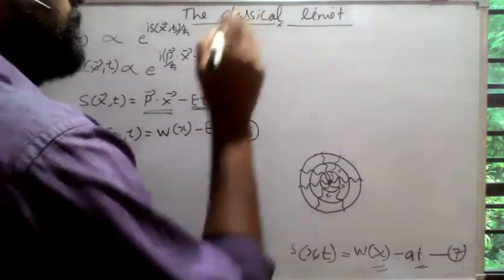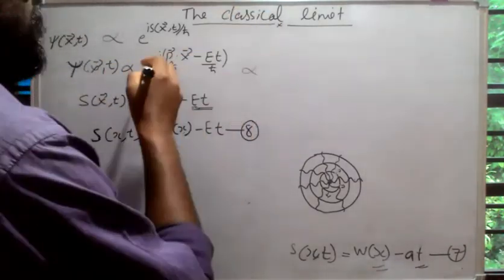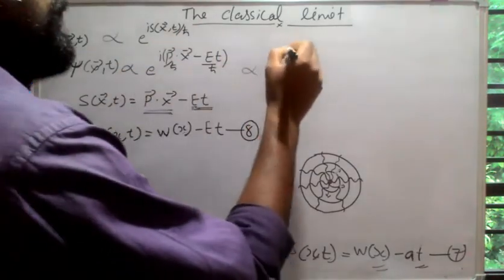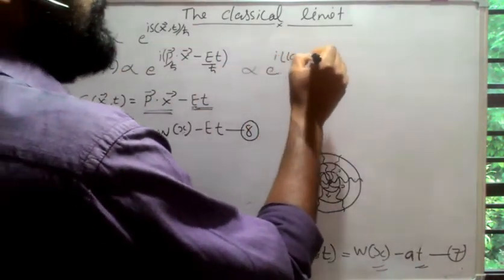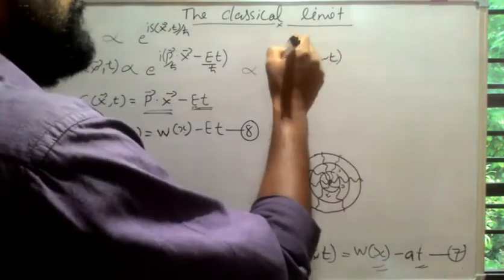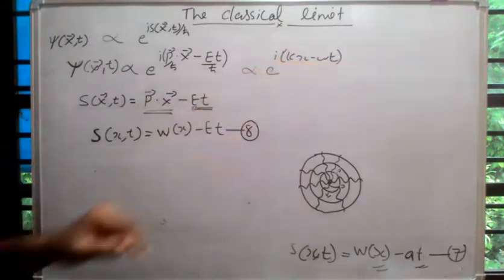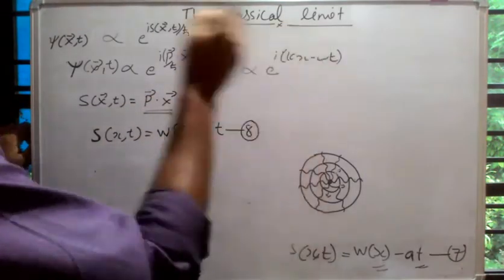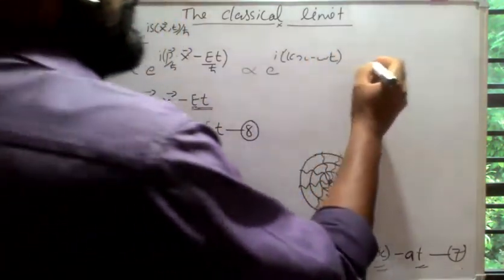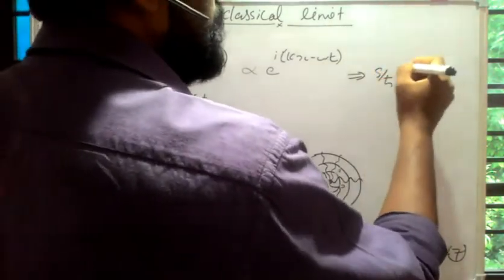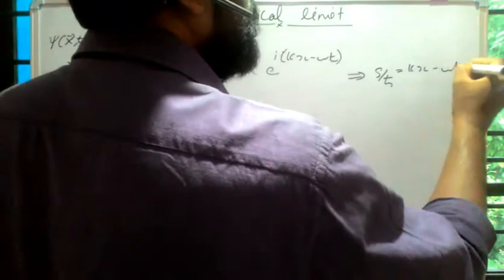To explain something important, I'll write this equation as e raised to i(kx minus omega t), the equation of a wave. If I compare this with that one, I can write S over h cross equal to kx minus omega t.